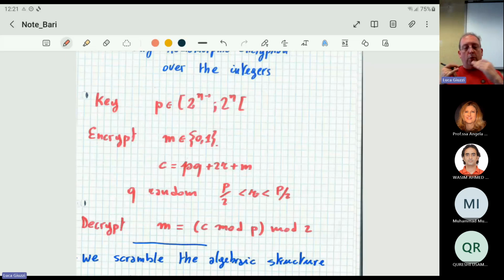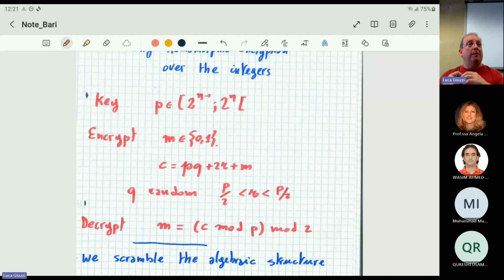This leads to fully homomorphic encryption, a topic which was proposed in the 70s. Then in 2012, Gentry wrote his PhD thesis where he shows that it is actually possible to implement fully homomorphic encryption.